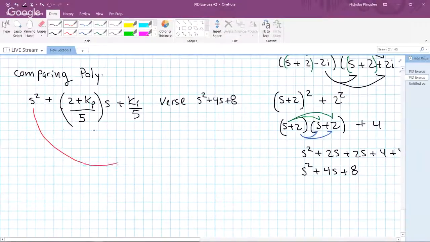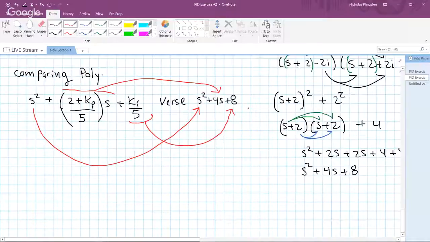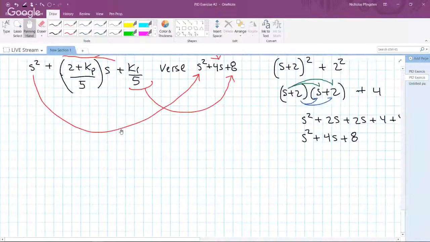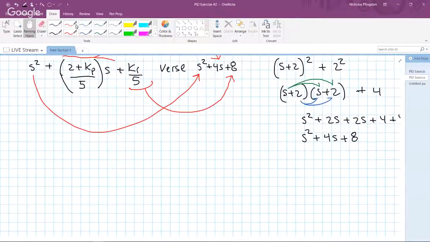And we're basically just matching terms. So now, by comparing these, we can set each term equal to its counterpart from the other polynomial, and we can find Kp and Ki.